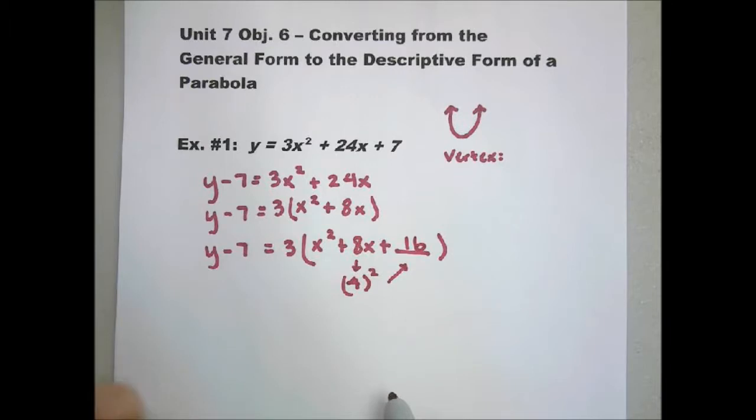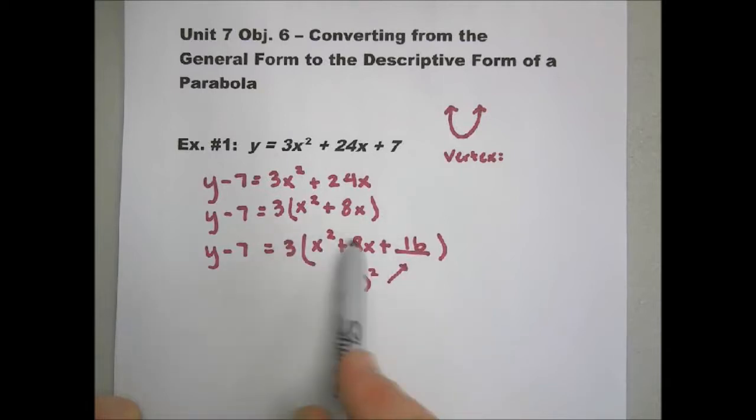Now here's where something a little bit different is going to happen. In the earlier objective, whatever we added over here, we would add the same number over here to keep the equation in balance. But that 3 means I don't just add 16 to this side because that wouldn't be balanced. This 16 is being multiplied by that 3 if I were to distribute it.